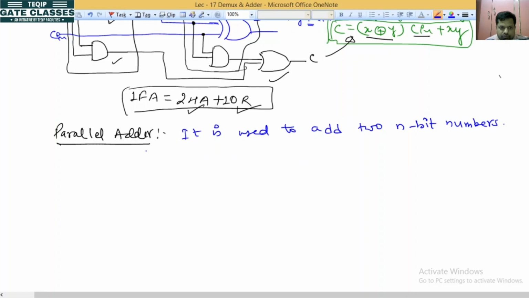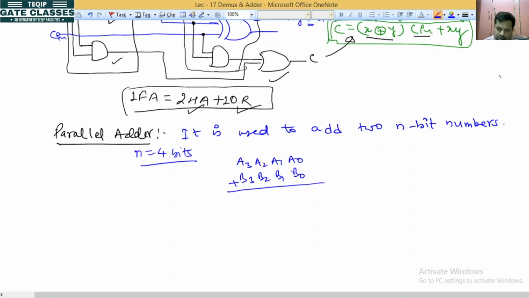Okay na. Suppose I have n equal to 4 bits, है ना. So we have 4 bit numbers and you have to perform addition on those 4 bits. Suppose the first 4 bit number is A3, A2, A1, A0. The second number is B3, B2, B1, B0. And we have to perform addition between these two numbers.